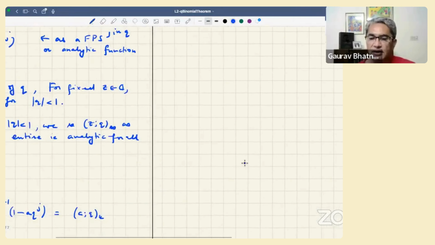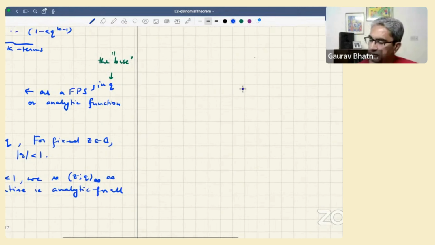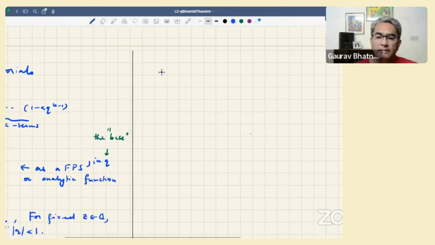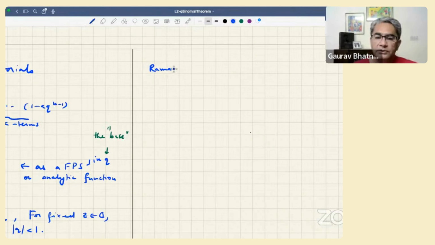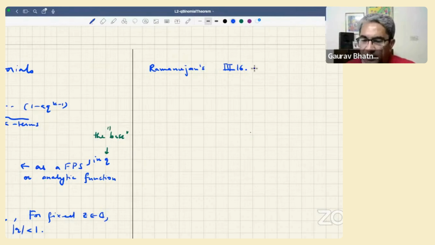In fact, here is an entry due to Ramanujan. In volume 3 of Berndt, chapter 16, the first entry has several parts.